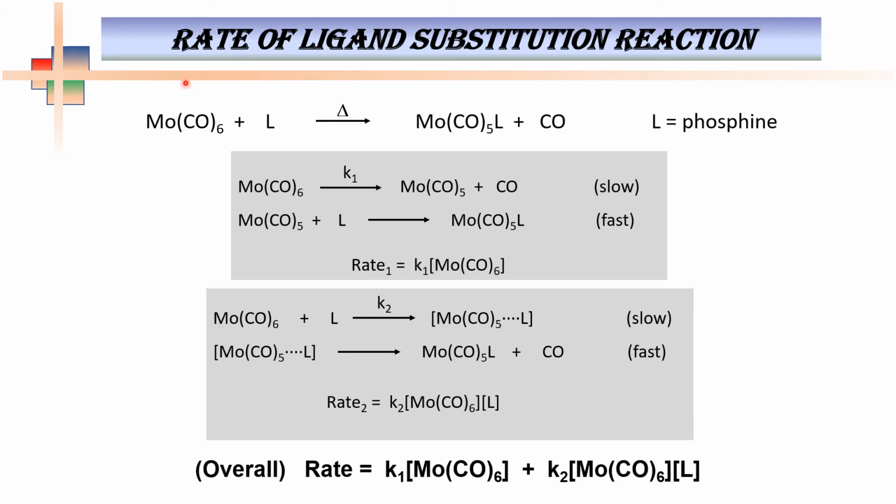However, there are some complexes, for example the molybdenum hexacarbonyl complex, which, although saturated, looks like the dissociative pathway will be favored here. But the overall rate of the reaction shows that it's a combination of unimolecular as well as bimolecular pathways. Unimolecular definitely means a dissociative pathway like this one.